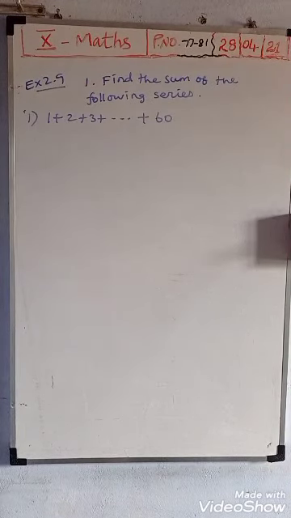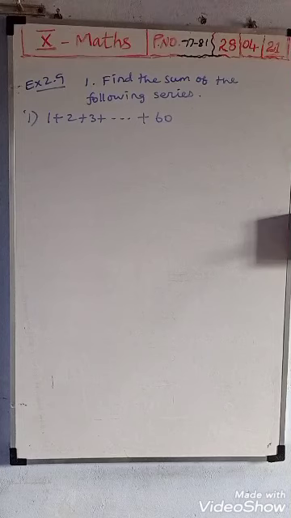Exercise 2.9, first question. Find the sum of the following series: 1 plus 2 plus 3 plus up to 60. Here we could use the earlier exercise method: check whether the difference is equal or the ratios are equal.